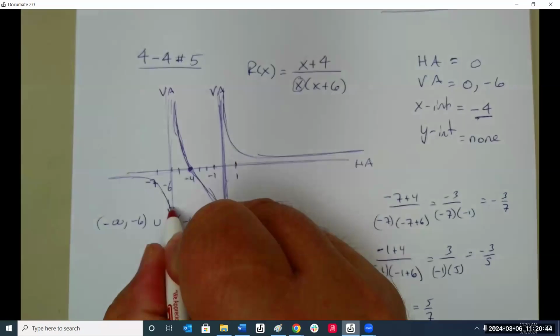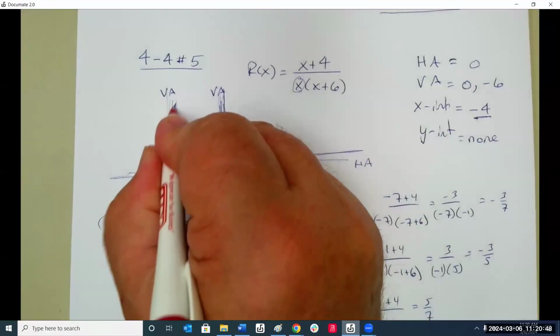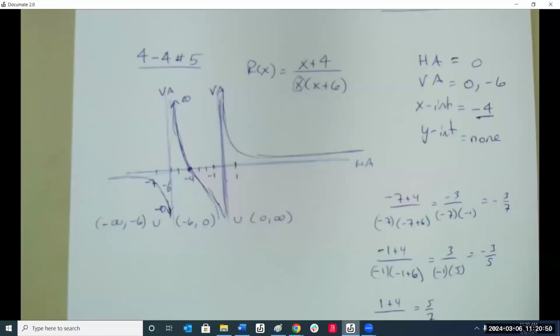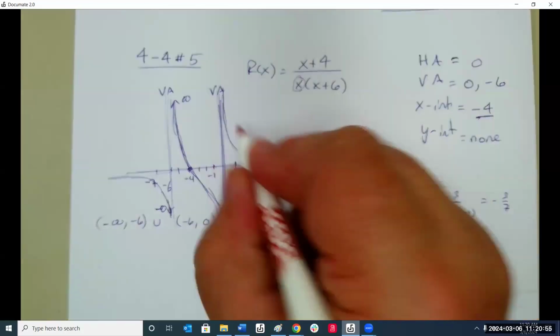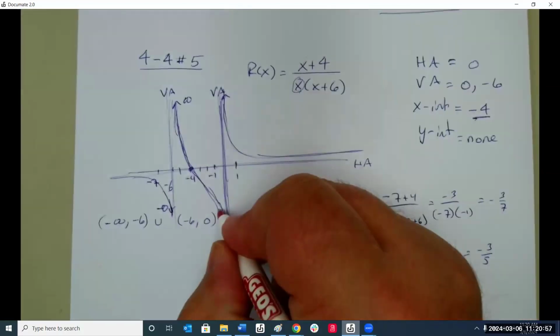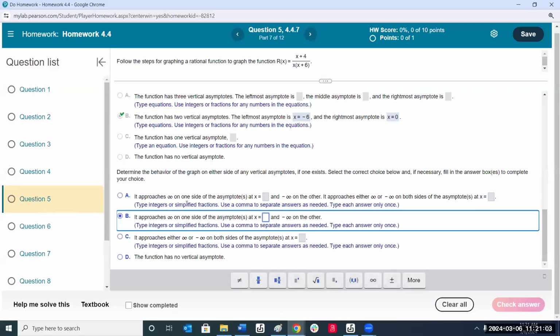So it goes to negative infinity as it approaches -6 on one side and positive infinity on the other. And then positive infinity and negative infinity on the other side. So that hopefully is going to tell us it approaches positive infinity on one and negative infinity on the other.